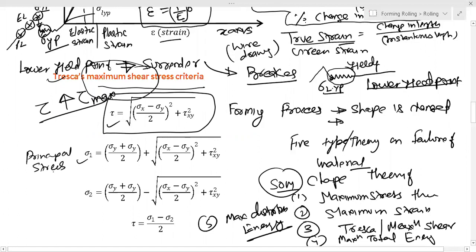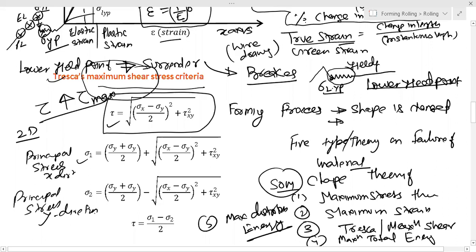stress in the x direction, I am talking about the 2-dimensional case, and that is the principal stress in the y direction. So what is principal stress?